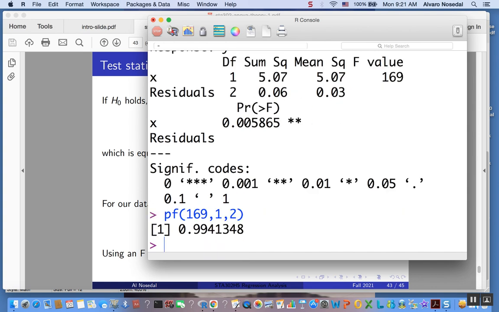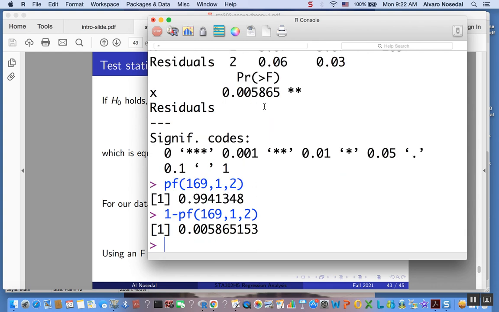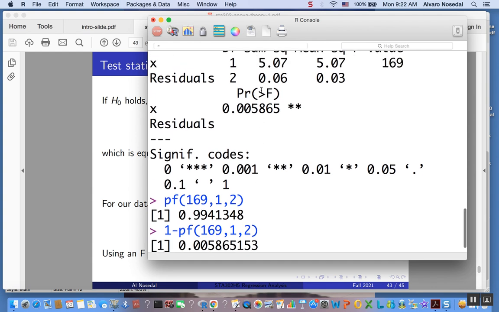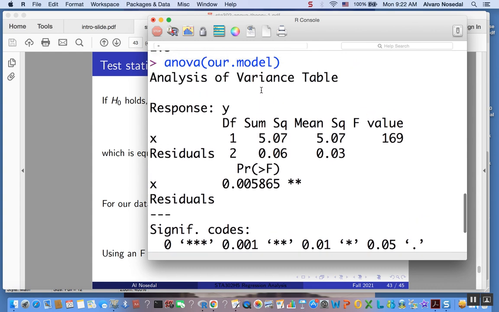But that would be the area to the left. What you want, since it's a p-value, is the probability of seeing something as big as 169 or bigger. So you want the complement, and you see that it matches what you have using the ANOVA function. Okay?